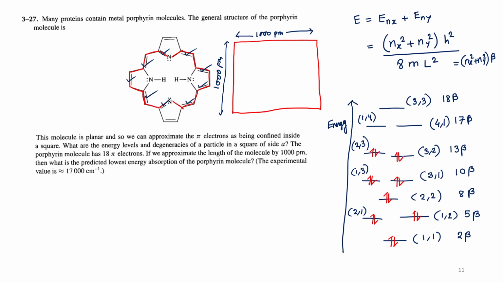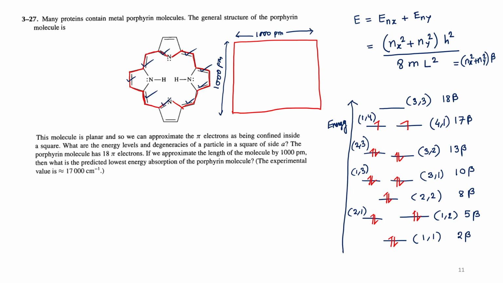How many states have we filled? 1, 2, 3, 4, 5, 6, 7, 8, and 9. See, they are degenerate, so we cannot fill one state completely first.